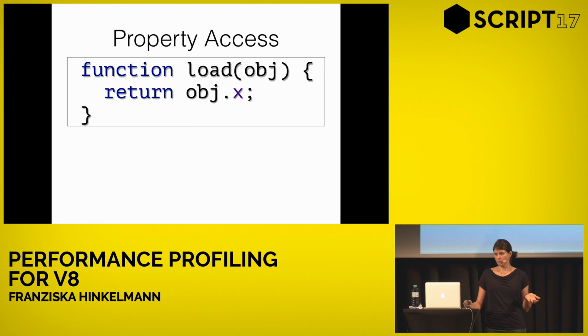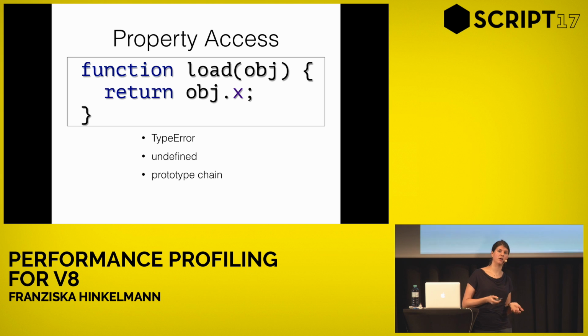So first of all, object.x, if you have a regular object and it has an x, it'll just return the value of that property. But there's a lot of other things that can happen. This could throw a type error. Nobody is preventing you from passing in null or undefined. It could return undefined because object might not have this property x. It could also be that object doesn't have an own property x, but somewhere up the prototype chain there's x.